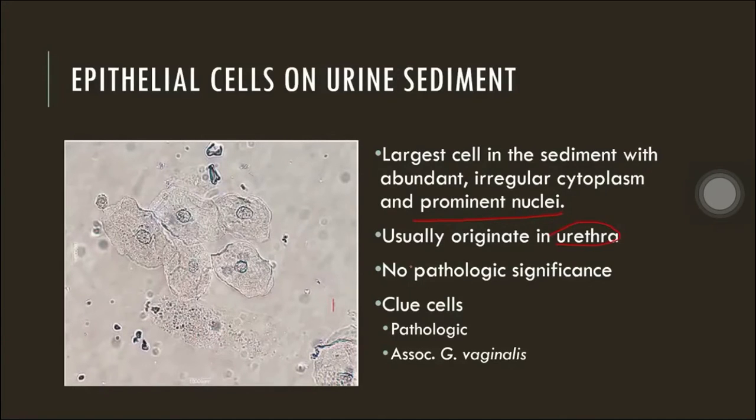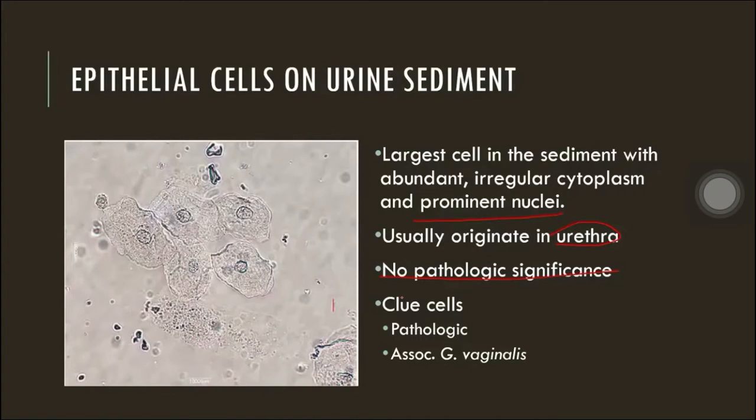Once found in the urine, it has no pathological significance. Its main use for laboratories is as a good reference for focusing: once you see it, you have focused your microscope or your specimen.